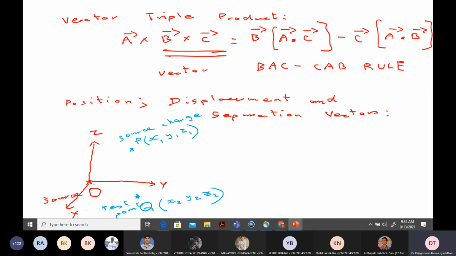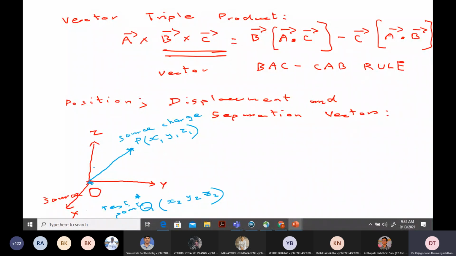With reference point O, I normally use this symbol for the way I write the vector. You have to be careful here, so I will always use this.